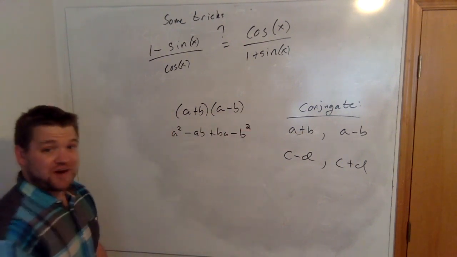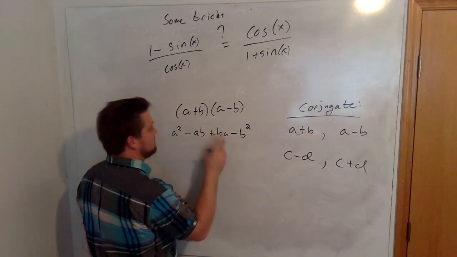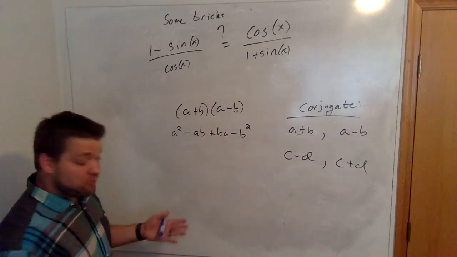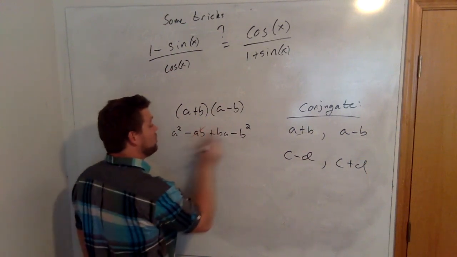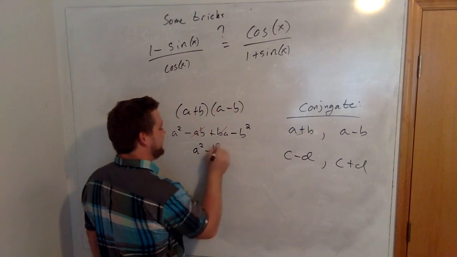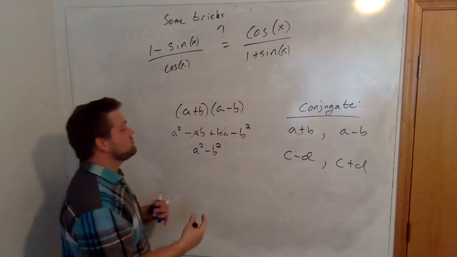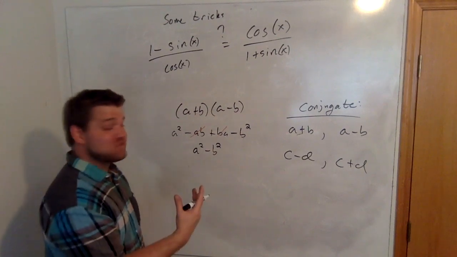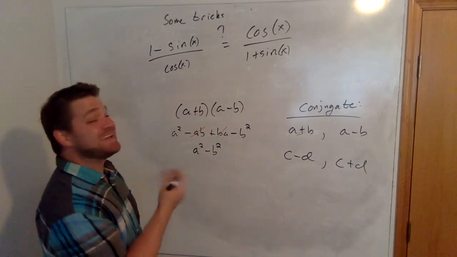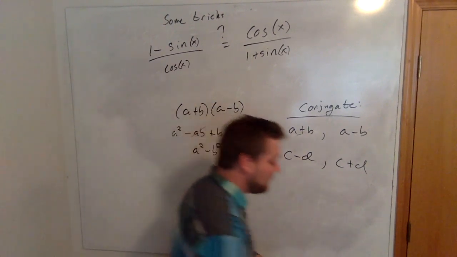Well, what's so great here is that B times A is the same as A times B. The O and the I in FOIL with conjugates will always cancel each other out, and you'll just be left with A squared minus B squared. So that's why they're useful, this difference of squares pattern. I'm forcing a difference of squares pattern to happen so I can get something squared, and that'll help us to get a Pythagorean identity to pop out.